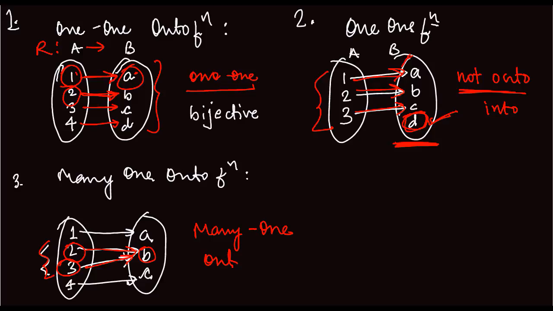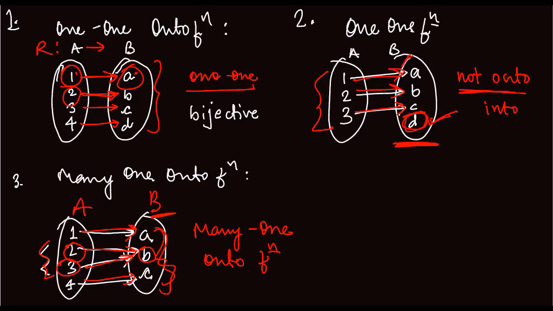And why onto? Because there is no element left in the B set. All the elements are connected to one of the elements. So this is a many-one onto function.